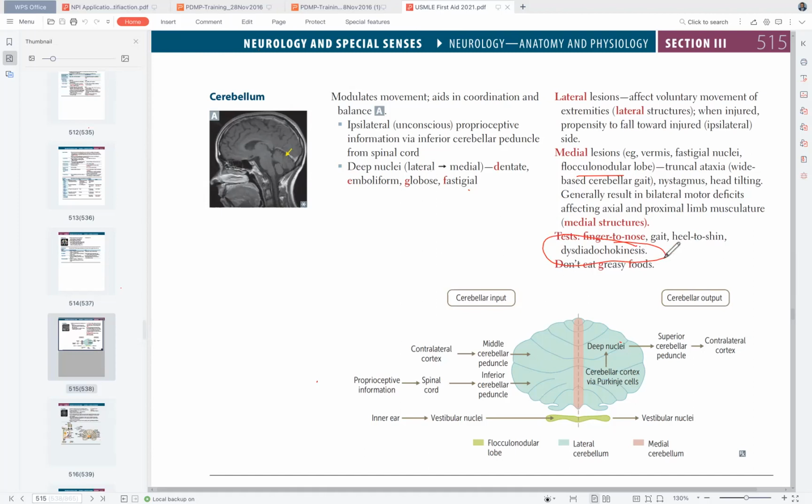And that is what is called diadochokinesia. They are not able to do rapid alternate movements. Finger to nose testing will also be a problem, right? Heel to shin will also be a problem, right? Because at the end of the day, the ears help in balance, the eyes help in balance, and also the cerebellum.